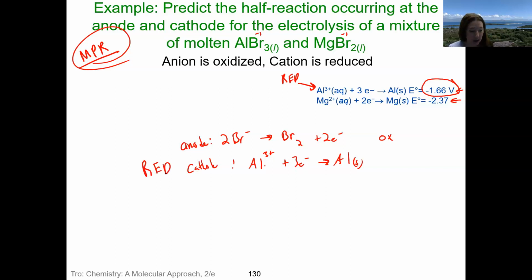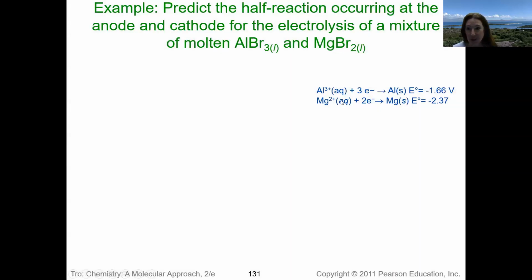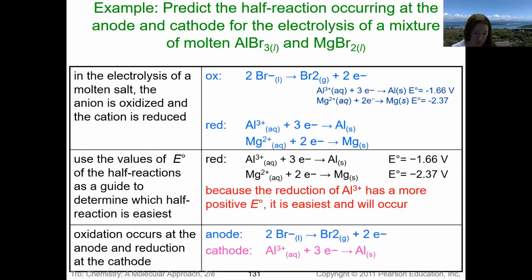LEO, the red cat, reduction at the cathode. And so this is our reduction, our anode and our cathode. Okay, so here all of it is much neater, I'm sure. So again, we decided this has to be our oxidation because anions are oxidized, cations are reduced.